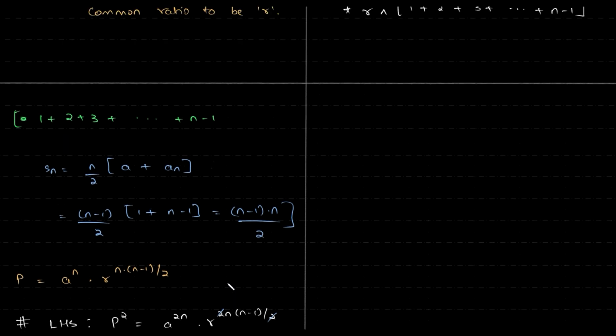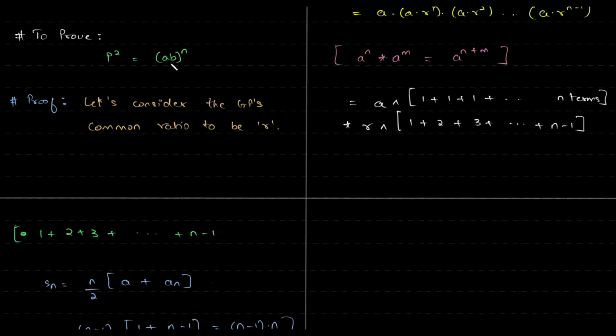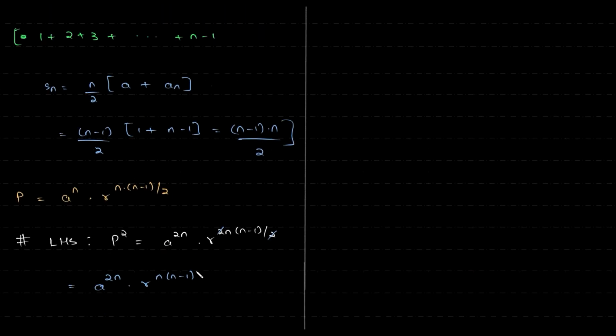Now let's look at the RHS. We have (AB) whole to the power of n. Let's take n common. We have written all these related formulas previously, so you don't have to mention them again. I can remove the power of n, and inside the brackets we have a into r to the power of n minus 1, to the power of n.